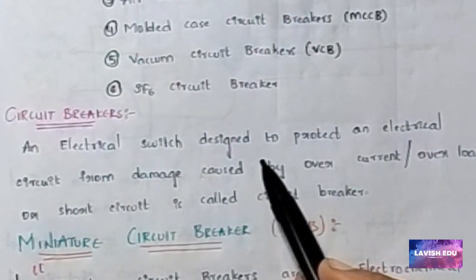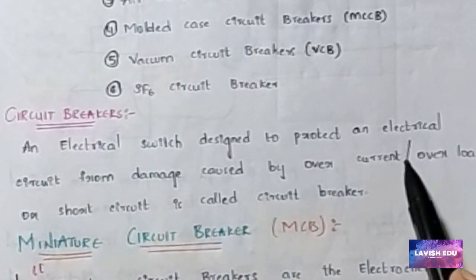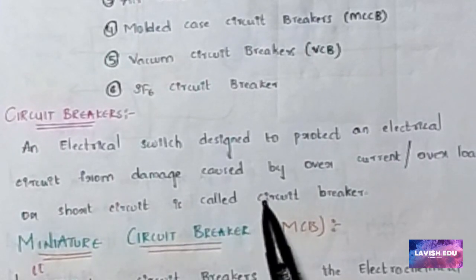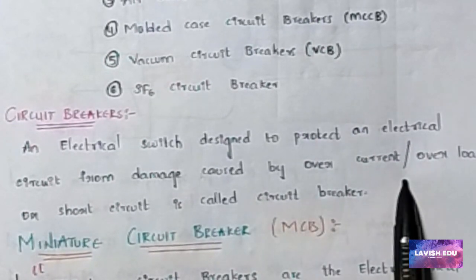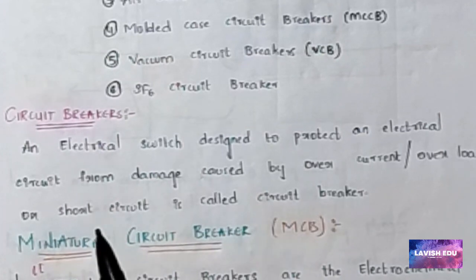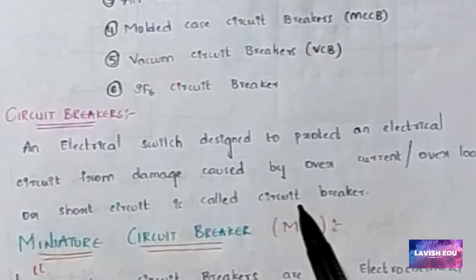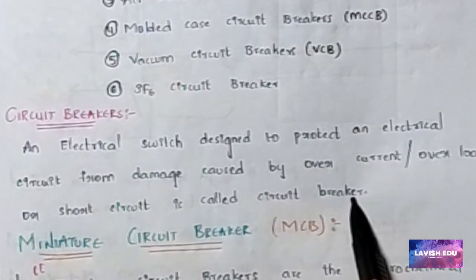An electrical switch designed to protect an electrical circuit from damage caused by overcurrent, overload or short circuit is called a circuit breaker.